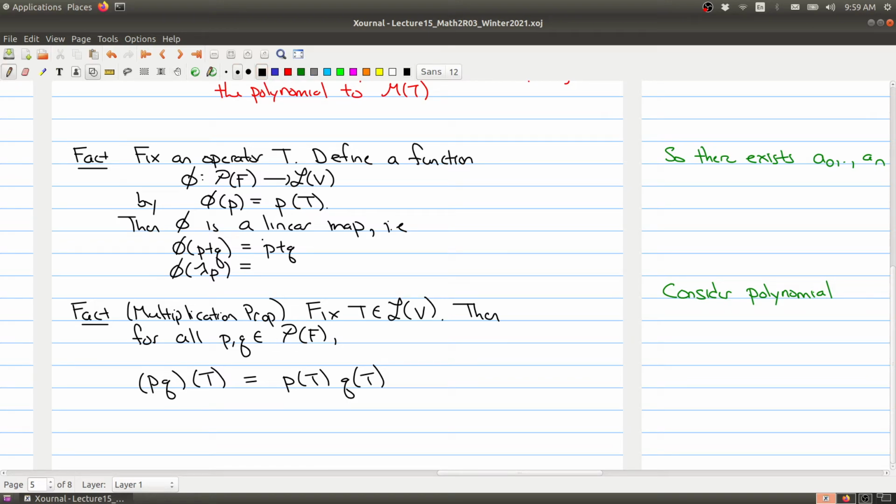This means that p plus q evaluated at T, so first taking the polynomials and adding them and then turning it into an operator, is the same thing as taking the operator coming from p and adding it to the operator coming from q. Right? So we get the linearity, and then we get the scalar property that we could take the scalar multiple of my polynomial and turn it into an operator, and that's the same thing as scaling the operator that I get by plugging p into my function.